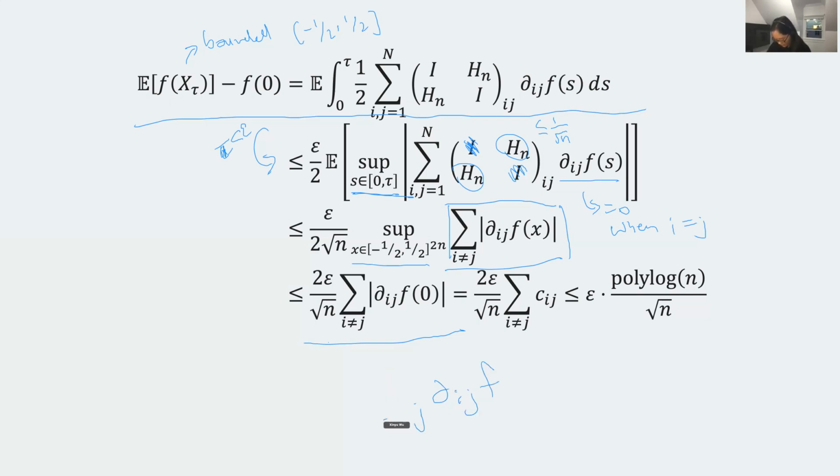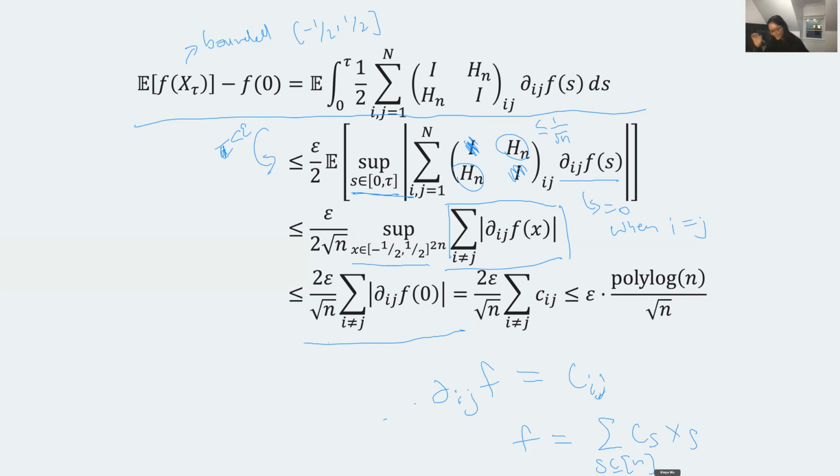If i is not equal to j, then the partial ij of f is exactly equal to the coefficient associated with f at i and j. This is the one where I wrote f as this sum of c sub s x sub s, where s is a subset of n.